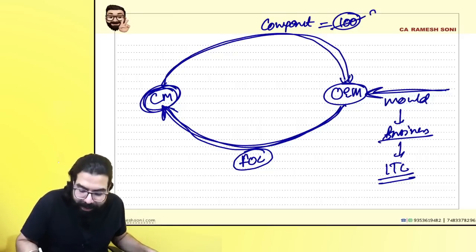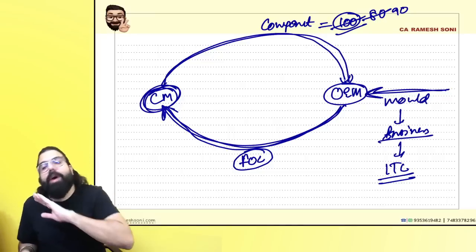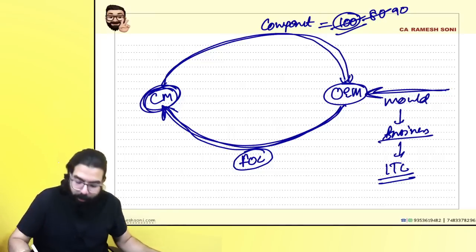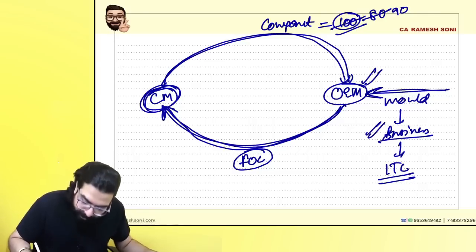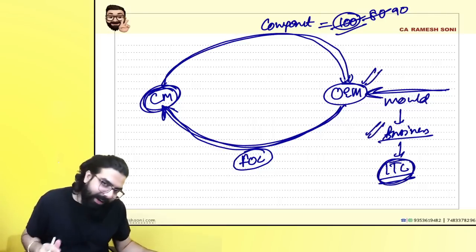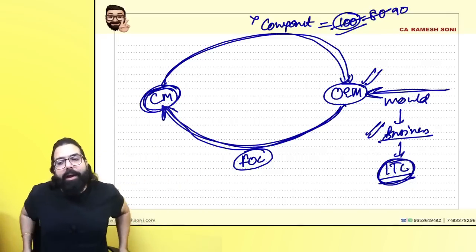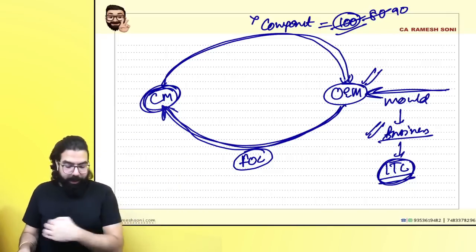If he is charging 80 for the component, or 90, or 100, whatever it is, nothing will be added to the value, because it was my obligation only, my business only, and I'll be able to take ITC also, and nothing will be added to the component's value. I hope everyone is 100% clear with this point.